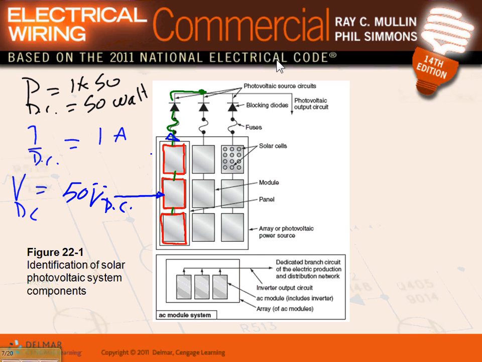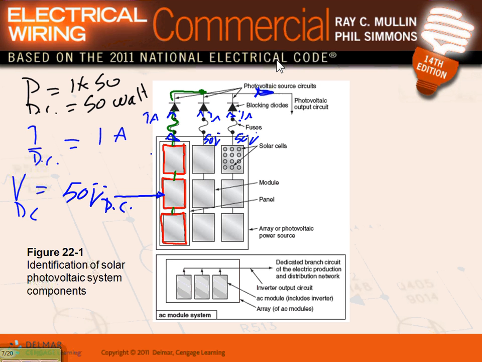Now I want you guys to look at the other one. Here's another 50, coming from here. 50 volt and another 50 volt. Can I tie the two together in parallel? Since they are the same voltage, we tie them together at the end. If each gives me 1 amp, what do you think the amps here are going to be?